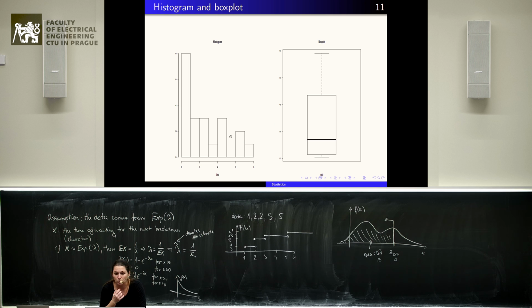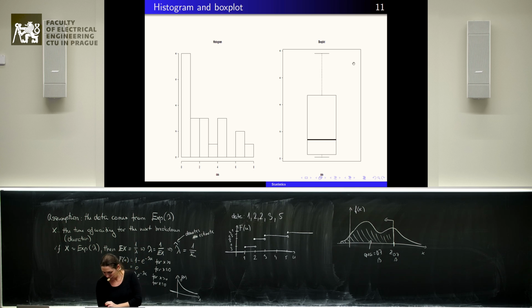And the last graphical tool, which is used in statistics, is the so-called box plot. The box plot is the plot where we have a box somewhere in the middle, and the box has the lower boundary at the first quartile, the upper boundary at the third quartile, and somewhere inside the box we have a line corresponding to the median. Minimum and maximum are the boundaries of the legs of the plot.